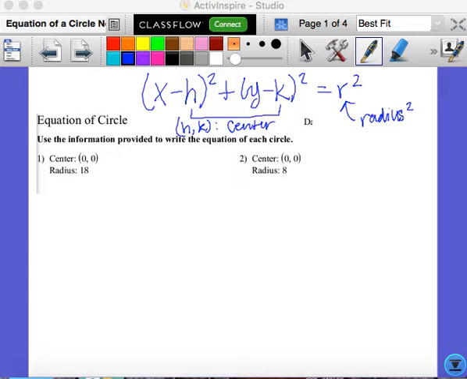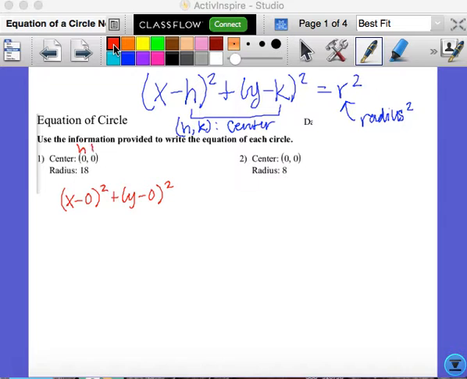So how this is going to work is I'm going to give you one example together and then have you try the even ones on your own, but I'll write the answer up here for you to check. So if my center is at (0, 0), I'm first going to start out with (x - 0)² + (y - 0)².